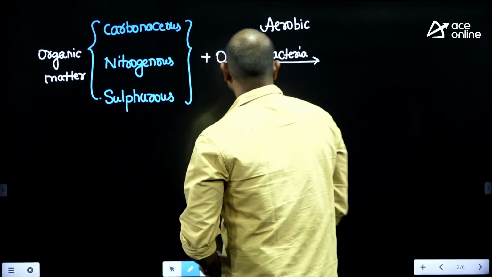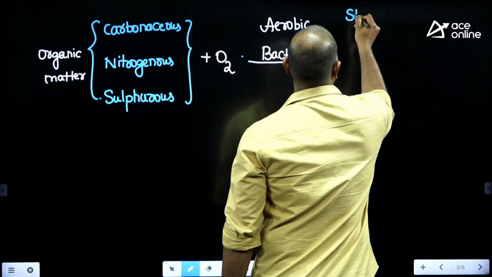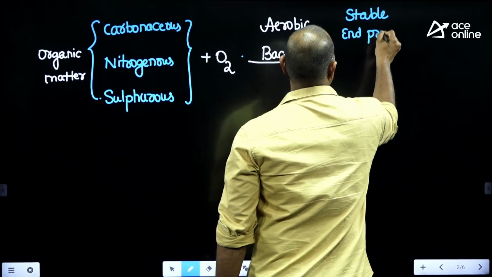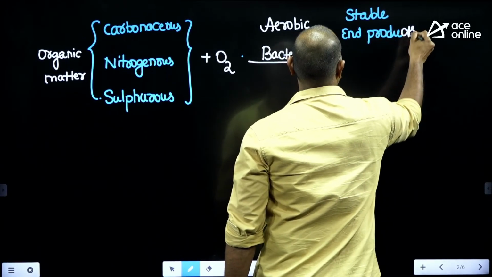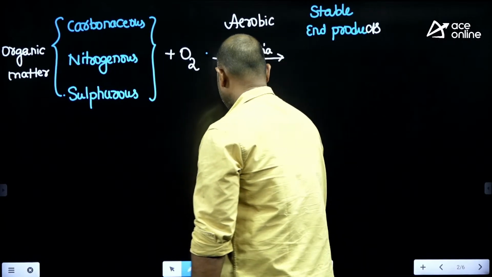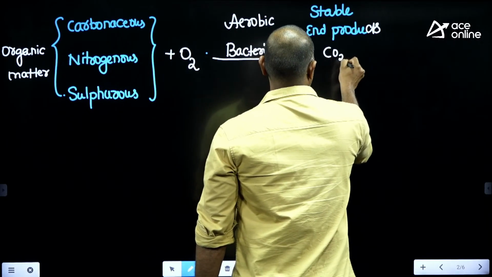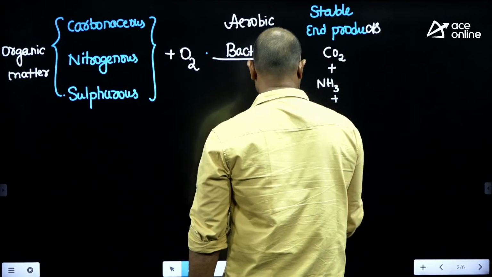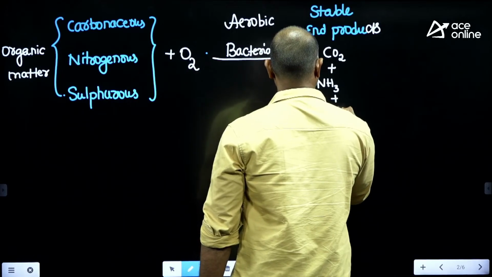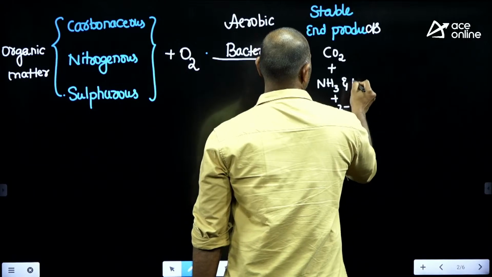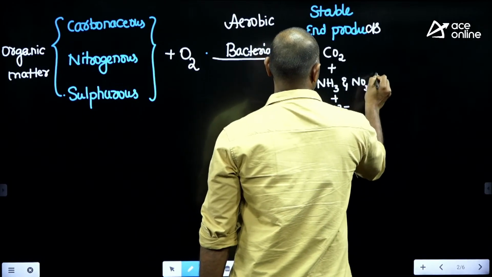And finally, it produces stable end products like carbon dioxide, ammonia, sulfates, and nitrates, NO3 minus.